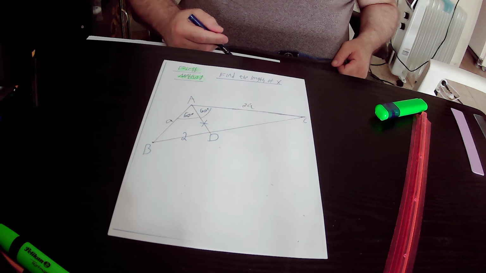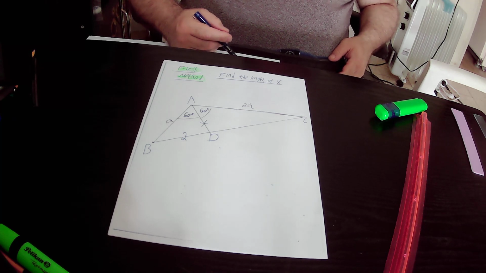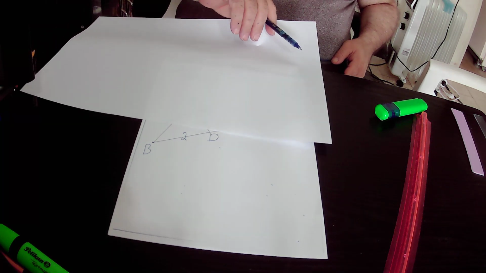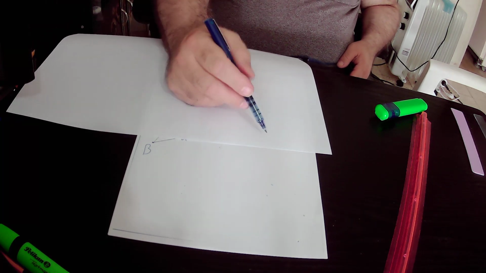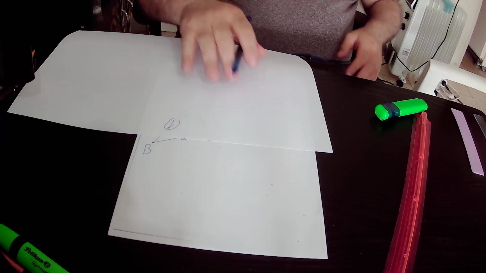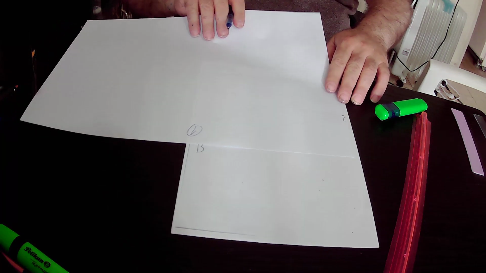So first of all, I'll present to you the angle bisector theorem that I've already mentioned in the past, so we'll do it quickly. The angle bisector theorem is true in any triangle.